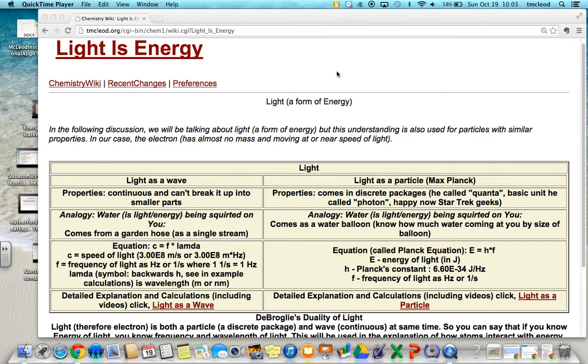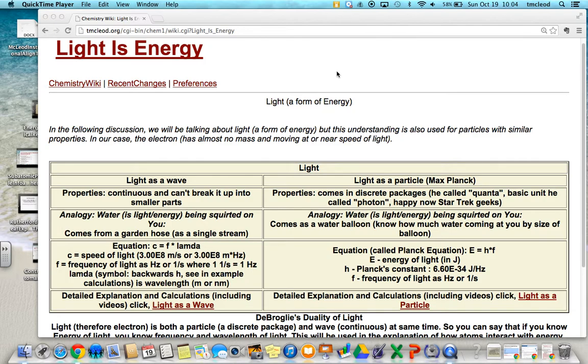So this explanation is using light, but we're going to also apply it to an electron when we talk about the atom.